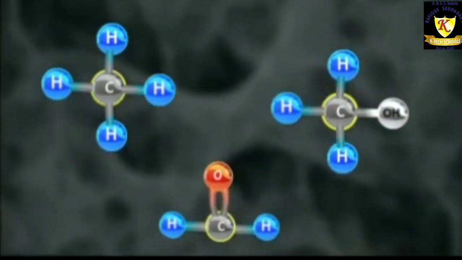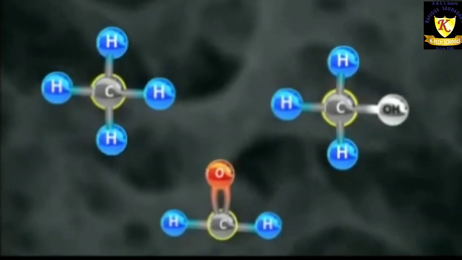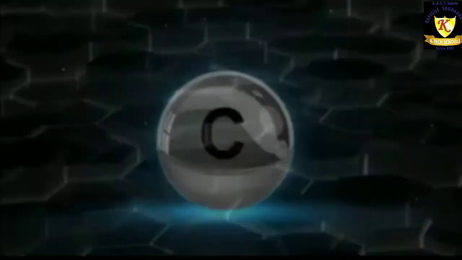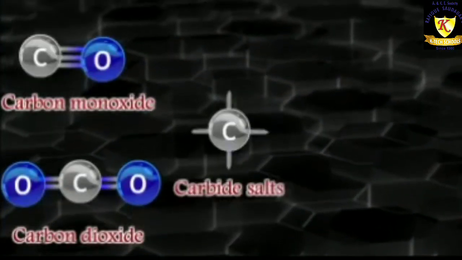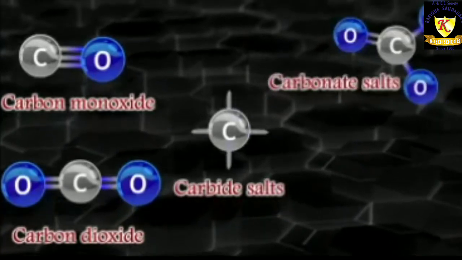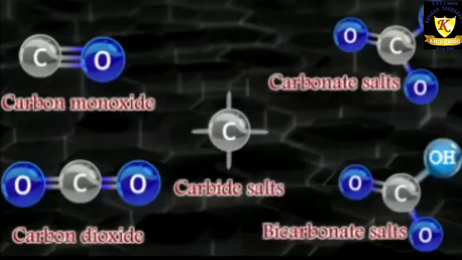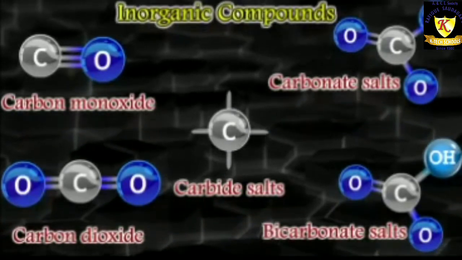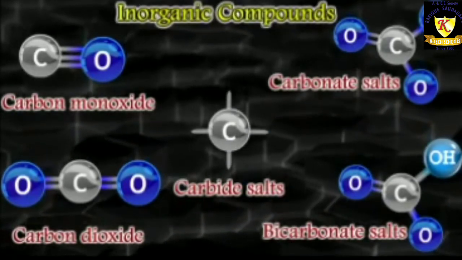All these compounds having carbon as a constituent element are called organic compounds. The compounds carbon dioxide, carbon monoxide, carbide salts, carbonate salts, and bicarbonate salts are exceptions. They are inorganic compounds of carbon.